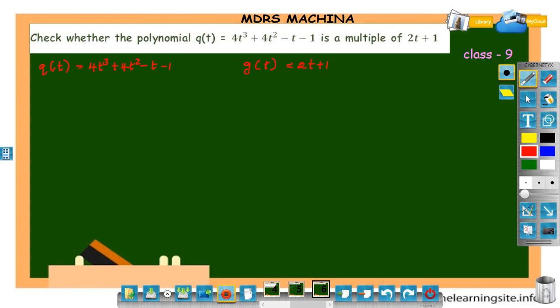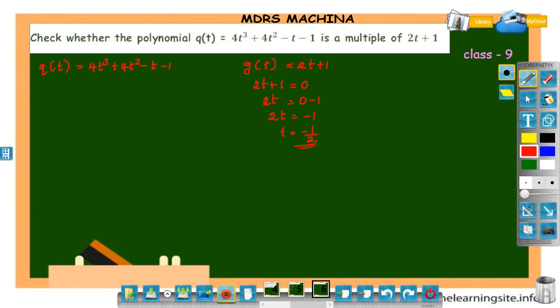For that, we have to find the 0 of the divisor. Here the divisor is 2t plus 1, equate it to 0. So 2t is equal to 0 minus 1, 2t is equal to minus 1, so t is equal to minus half.